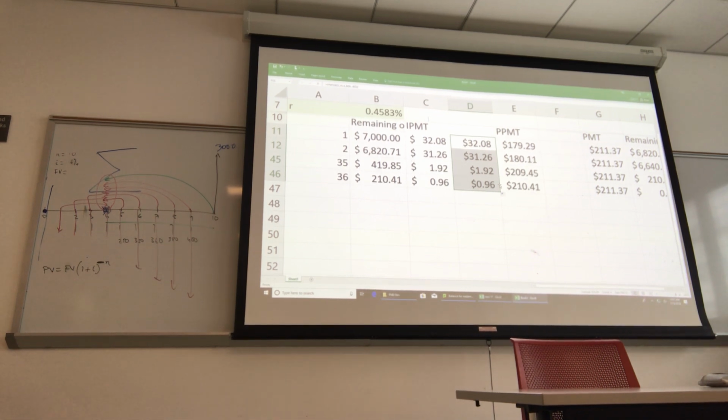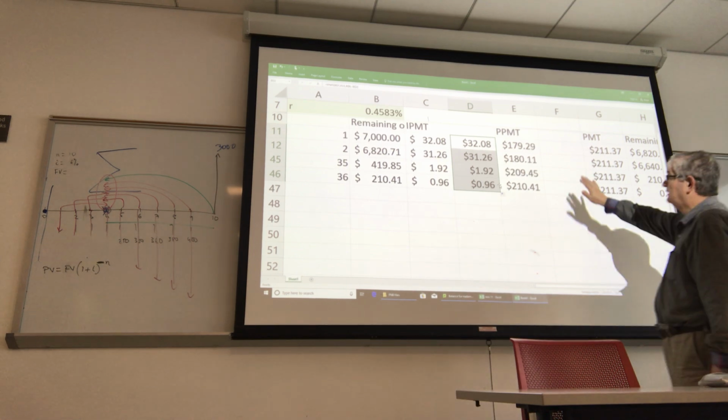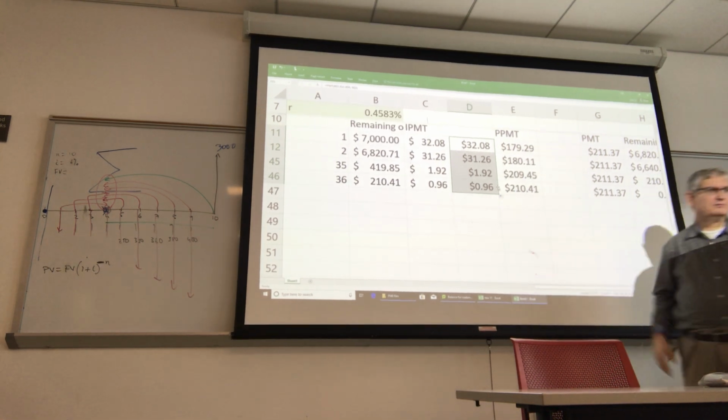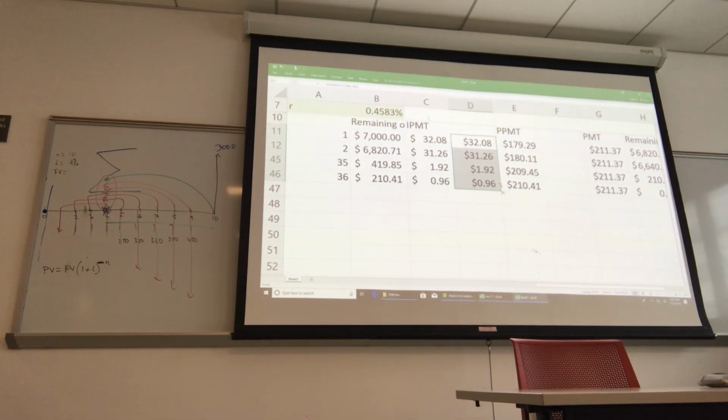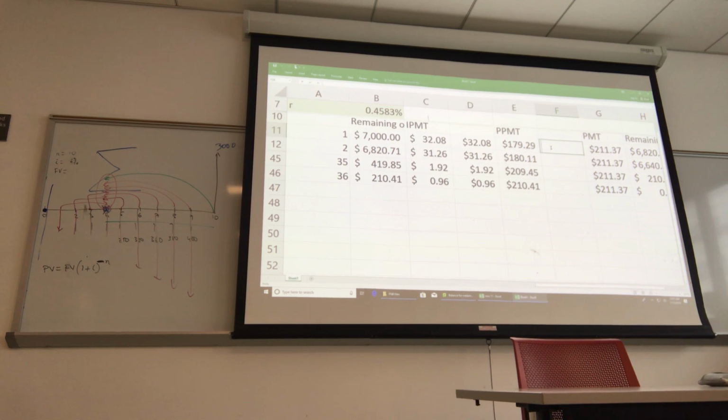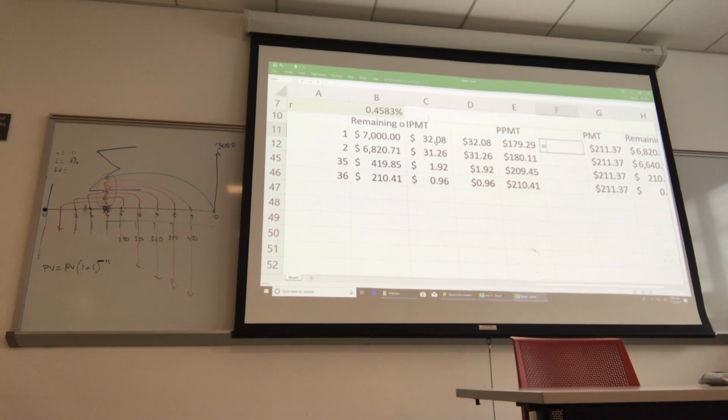Same way she did it with this formula, I want her to do it with the principal payment formula. The principal payment formula can be done in a different way, as a subtraction between the payment and whatever she has for the payment on the interest, one way or the other. You have the payment, where is your payment?